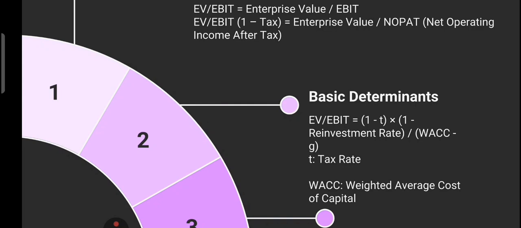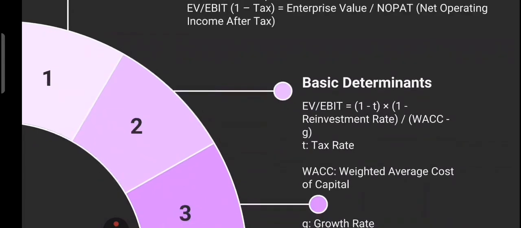Now what are the key drivers behind the scene? So the EV upon EBIT multiple is influenced by what factors? The first factor is the tax rate, just 1 minus tax rate. So these are the basic determinants, as you can see.